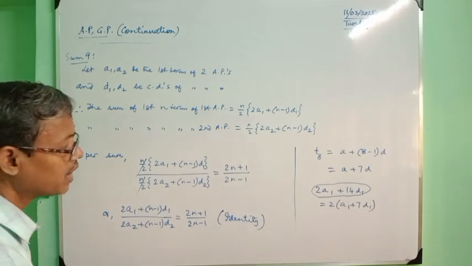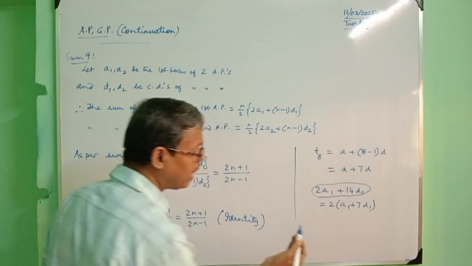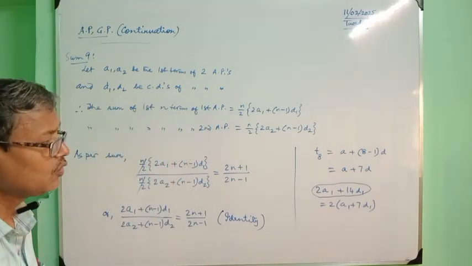After that we shall get in the numerator A1 plus 7D1 and in the denominator A2 plus 7D2.